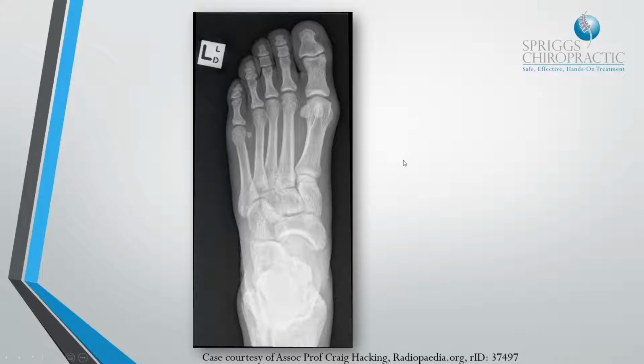If I show you what I mean, here is the tib and fib, and here's the medial malleolus. You can just about make out the distal aspect of the tibia just here, and then the fibula just here, making up the medial and lateral malleoli. Here is the talus, and this is also talus all the way here. This is also calcaneus just here, then you've got the navicular.